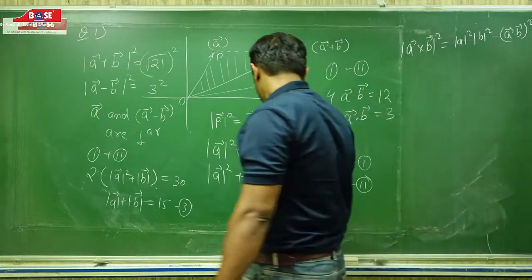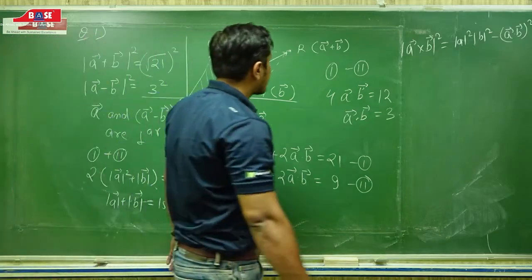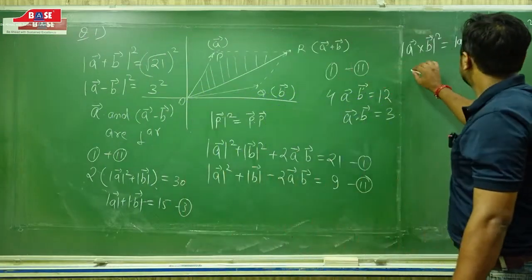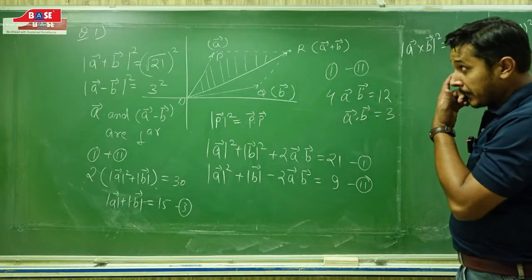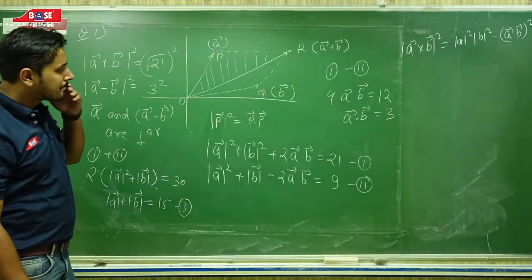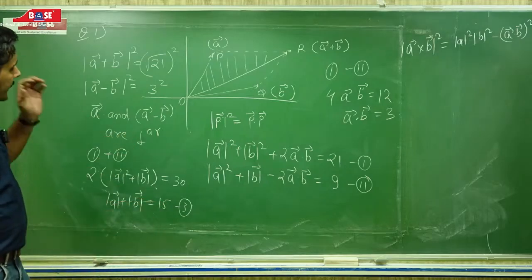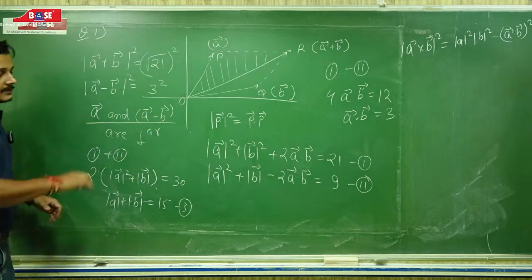I have this mode a, mode b. I want a cross b. Mode a I do not have. How to find mode a? Acha, I didn't see this information.